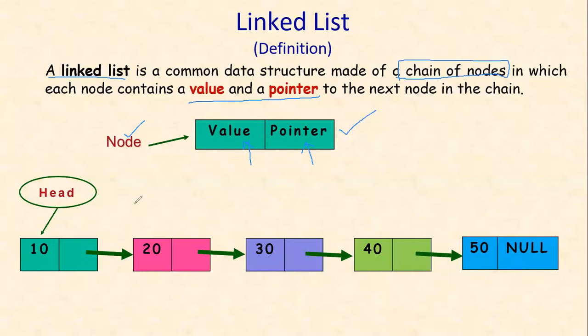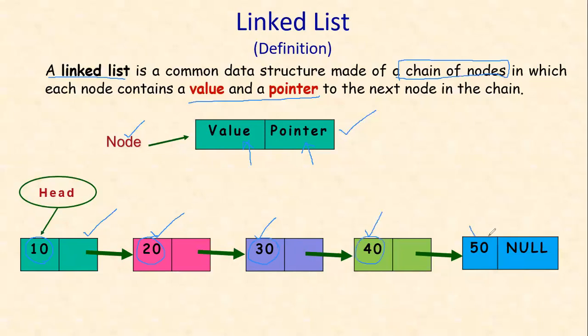Now let us say I have created a node and stored a value in that node. I have taken another node and kept a new value, 20. I have taken another node and kept a new value, 30, then 40, 50.